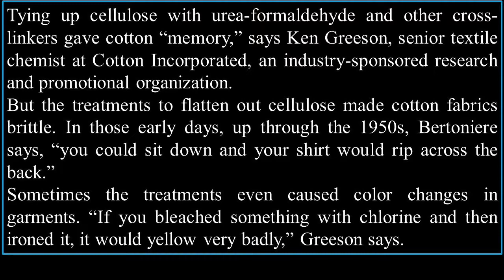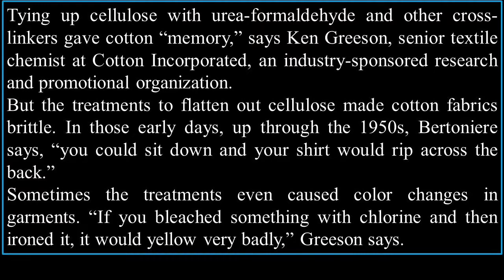In those early days, up through the 1950s, Bertonieri says you could sit down and your shirt would rip across the back. Sometimes the treatments even caused color changes in garments.